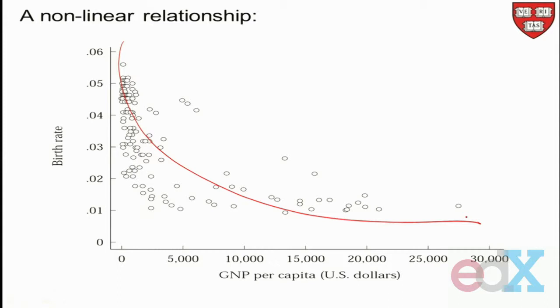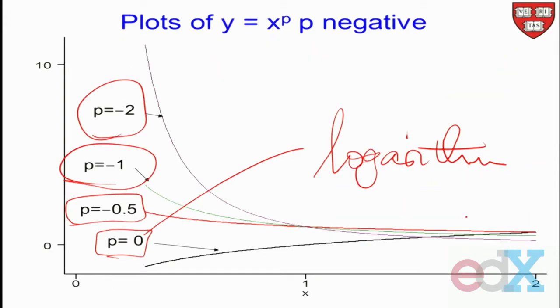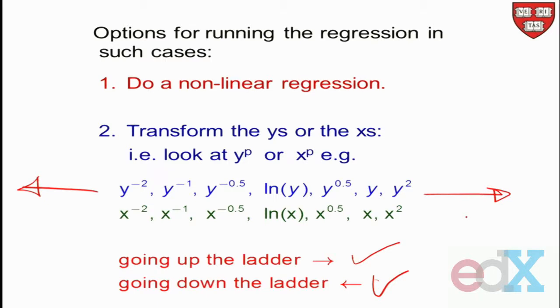Then what we might be able to do is take advantage of a transformation like this and see if that straightens it out for us. So go up and down the ladder, either on the x or the y, until you reach something that looks kind of like a straight line.